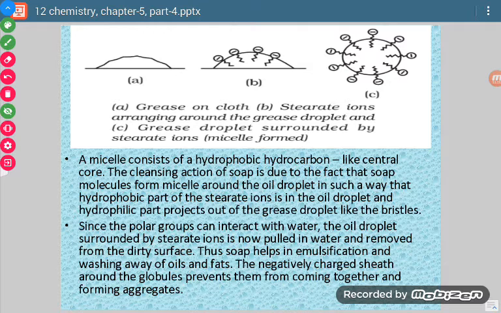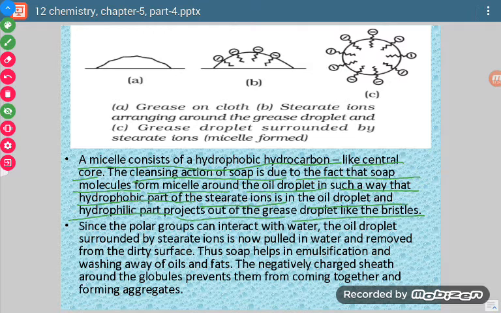Okay, now see, let us revise this. A micelle consists of a hydrophobic hydrocarbon-like central core. The cleaning action of soap is due to the fact that soap molecules form micelle around the oil droplet in such a way that the hydrophobic part of the stearate ion is in the oil droplet and the hydrophilic part projects outside the grease droplet like bristles.